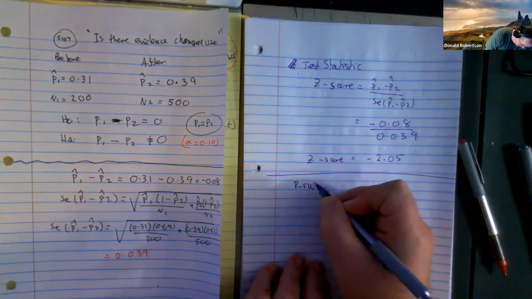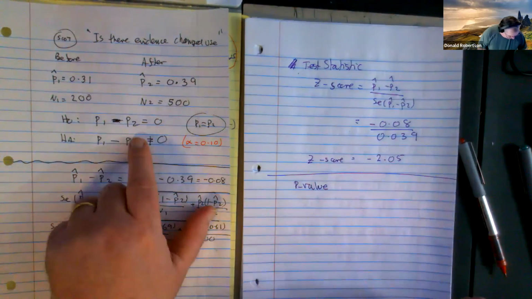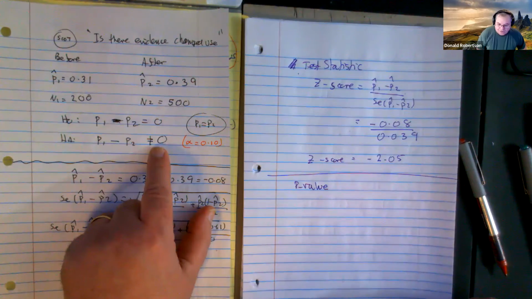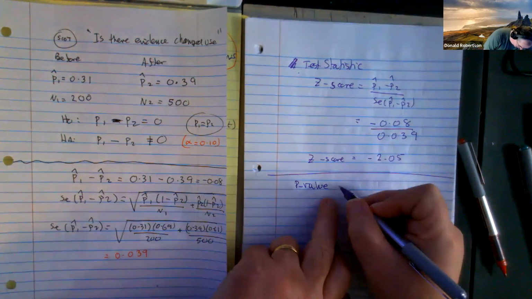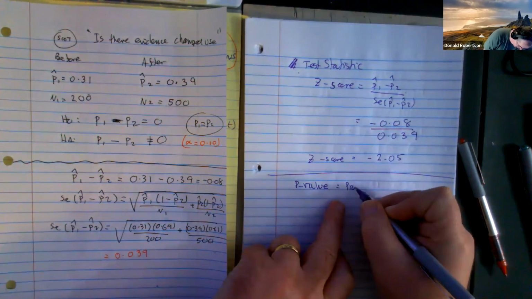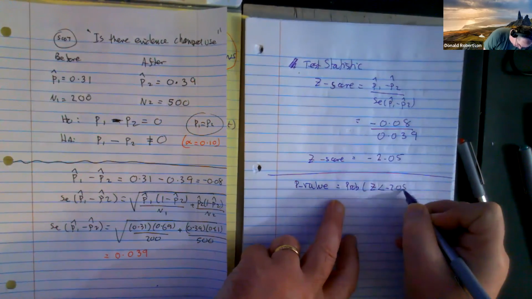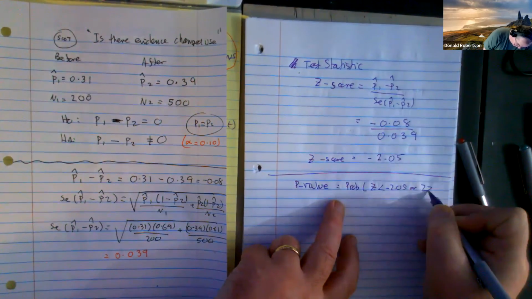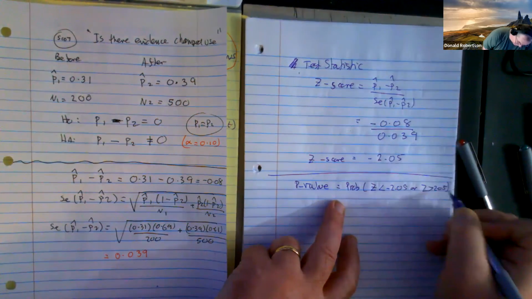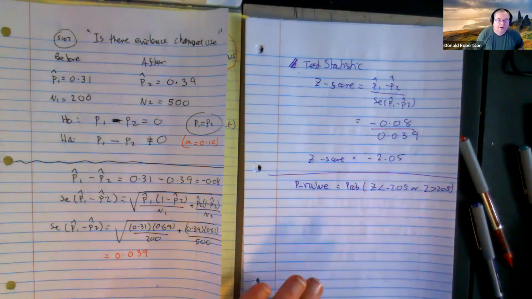When you want to get a p-value for a two-tailed test, which is what you call these, you're going to have to find the probability that Z is less than that number or it's greater than that number. That looks weirder than it really is.